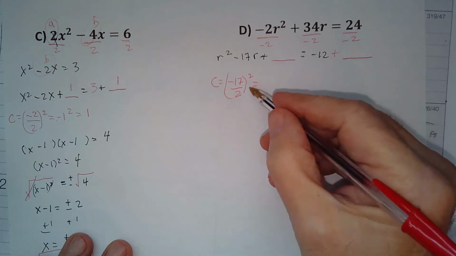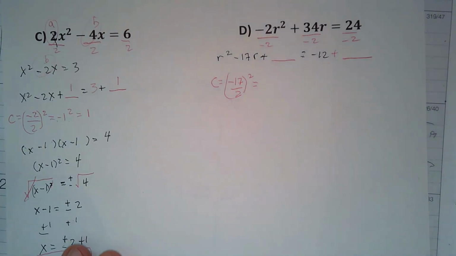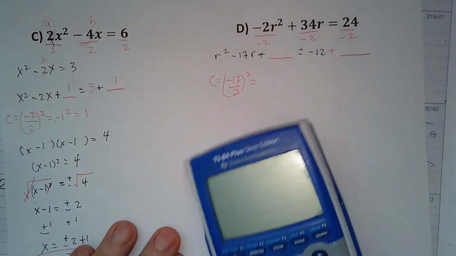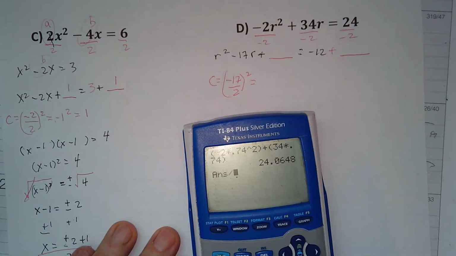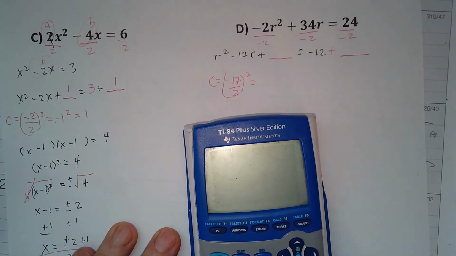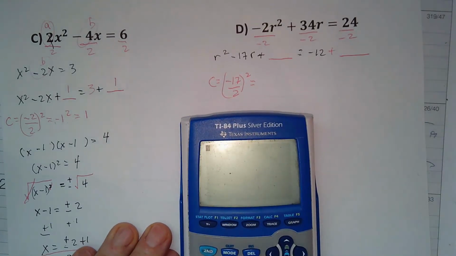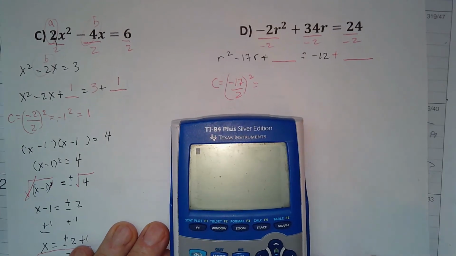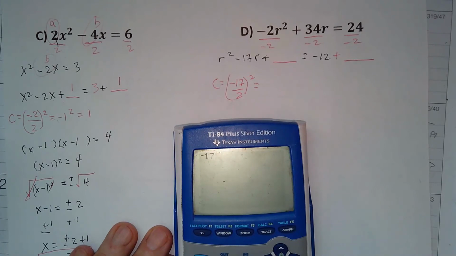Let's just see what the ugly fraction is. So let's just say that negative 17 divided by 2, and then we're going to square that.